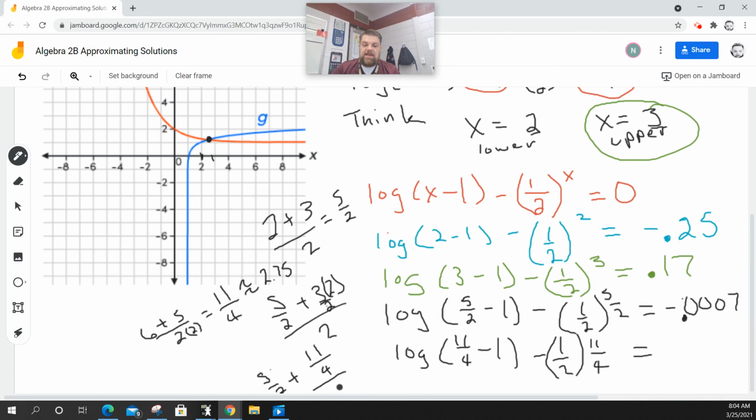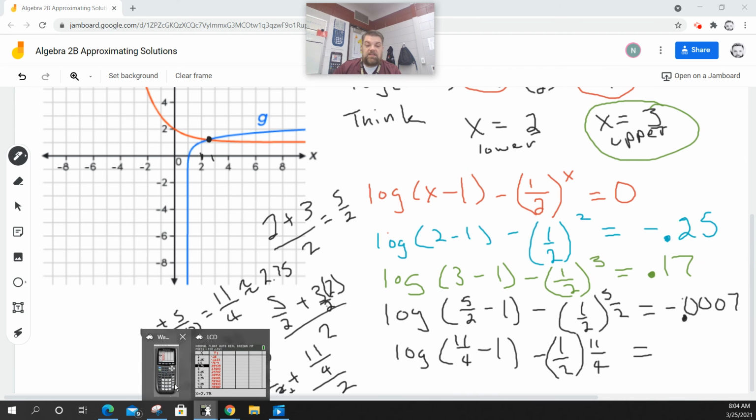So what I'm doing is halving these values. So this will be 2. To get that, I've got to multiply the top and bottom. If I multiply this by 2, I get 4. If I multiply this by 2, I get 10. So I get 21/4, and then I've got to take 1/2 of that, which is 21/8. So that's the halfway mark between 2.75 and 3.